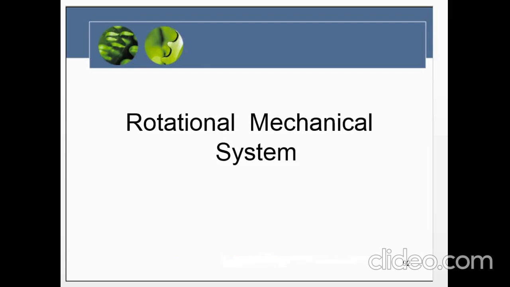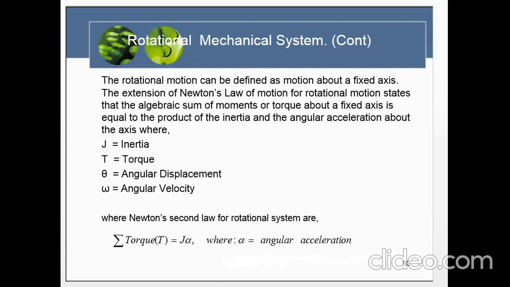Okay, next, rotational mechanical system. The rotational motion can be defined as motion about a fixed axis. The extension of Newton's law of motion for rotational motion states that the aggregate sum of moments or torques about the fixed axis is equal to the product of the inertia and the angular acceleration about the axis, where J is inertia, T is torque, theta is angular displacement, omega is angular velocity.